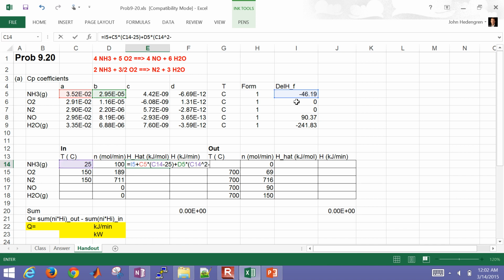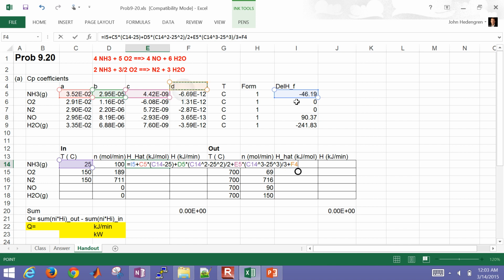I'm going to square it, minus 25 squared. I've got to divide by 2 as well. And then let me go ahead and do my C term. Now this is going to be my temperature to the third, minus 25 to the third, and then that's going to be divided by 3.